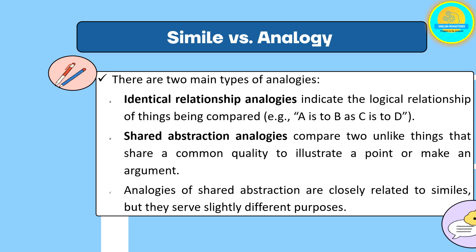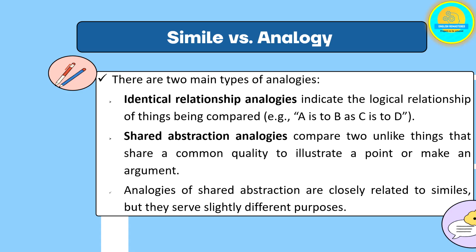Simile versus analogy. There are two main types of analogies. Identical relationship analogies indicate the logical relationship of things being compared. For example, A is to B as C is to D. Shared abstraction analogies compare two unlike things that share a common quality to illustrate a point or make an argument.